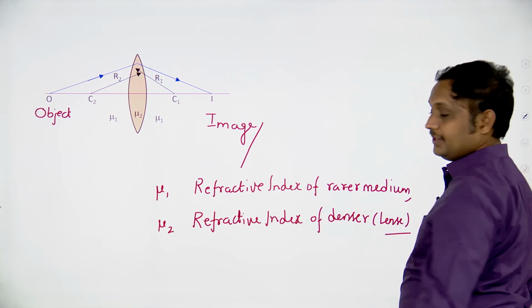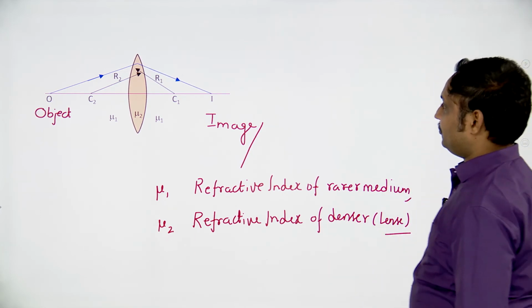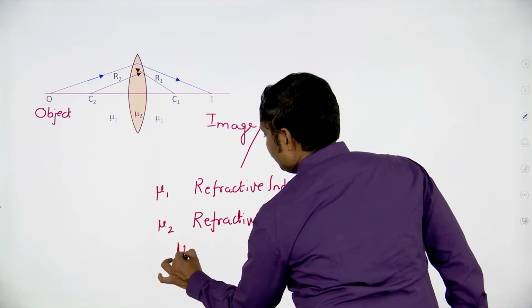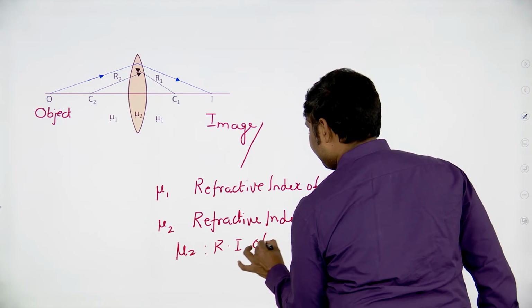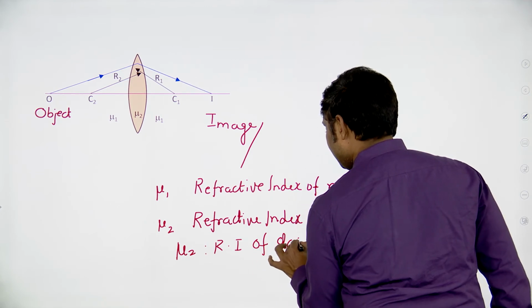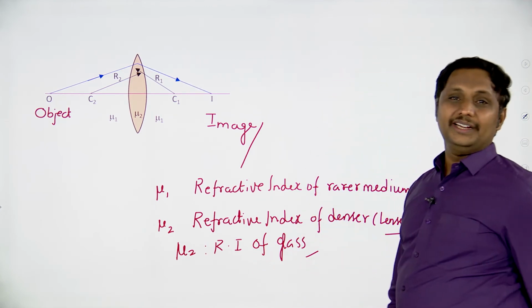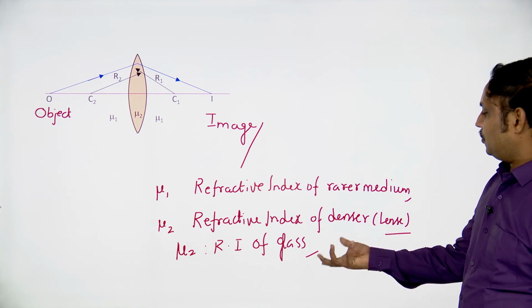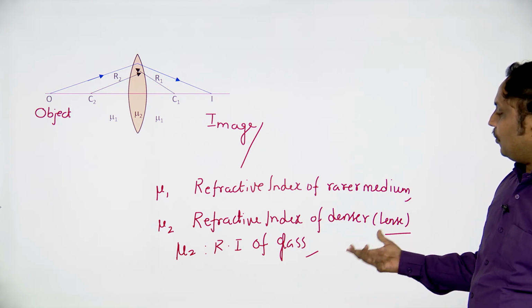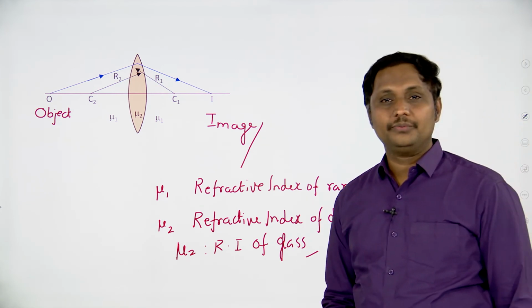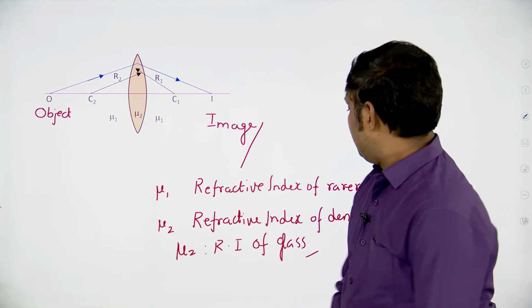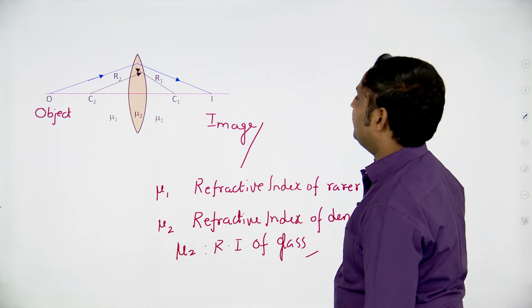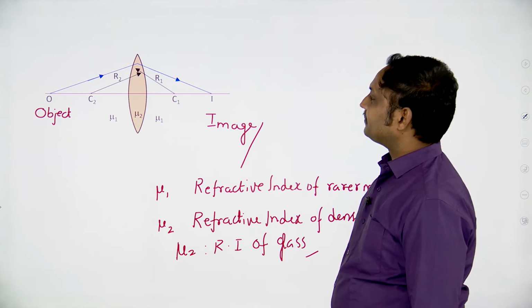It's going to be glass, so mu2 is the refractive index of the glass material. Generally we use crown glass and different combinations to make lenses. Usually we take 1.5.